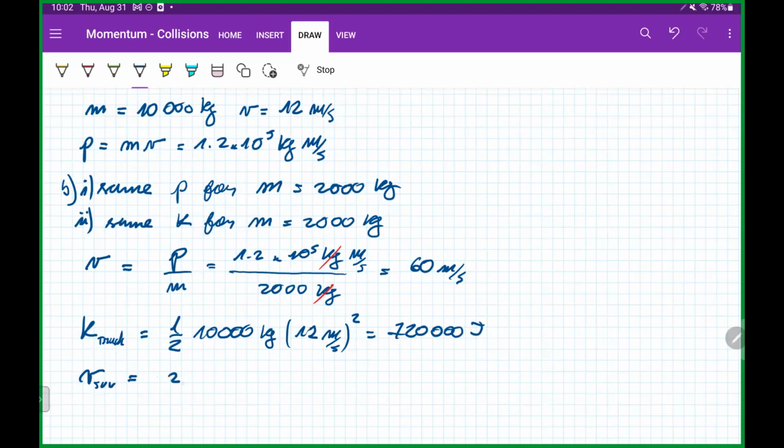So that's the square root of 2 times the kinetic energy of the truck, divided by the mass of the SUV. So that's 2.